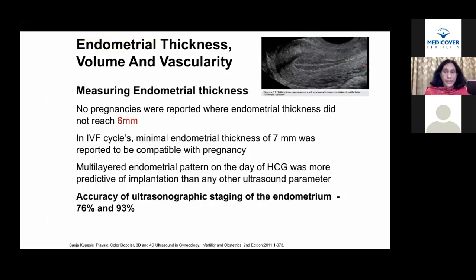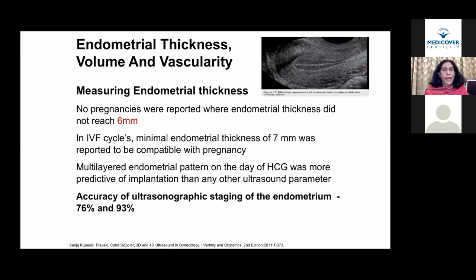So we measure the endometrium, and for a good pregnancy, we expect it to be more than 8 millimeters. When we are doing the fertility assessment, we need to check the measurement. We have to measure from here to here, and the thickness should be about 8 millimeters. In literature, if it is less than 7, we expect there will be less chance of pregnancy.